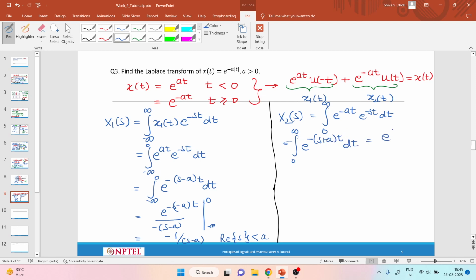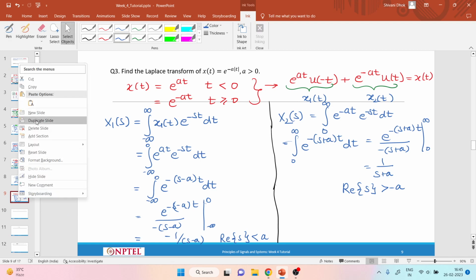This is equal to e^(-(s+a)t) upon minus (s+a), from 0 to infinity, and this is equal to 1 upon s+a only when this is converging to 0 as t is tending to infinity, and this will happen only when the real part of s is greater than minus a.